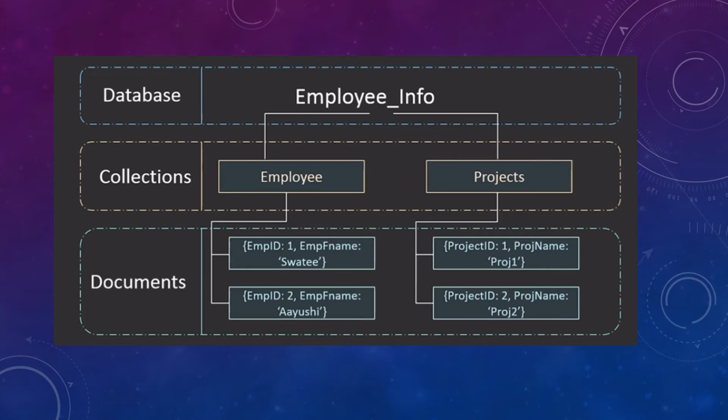If we compare SQL and NoSQL databases, for example, say we have an employee database where there is an employee table with around 10 columns, that is basically 10 fields. Now in the NoSQL database, the employee table itself will be taken as a collection and each of these fields will be considered as documents.